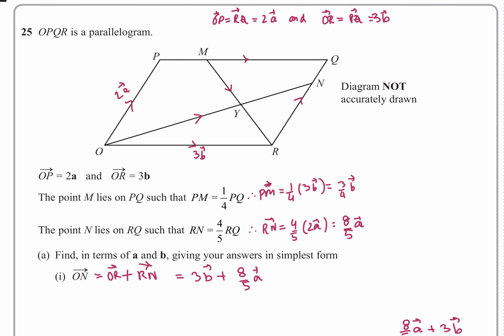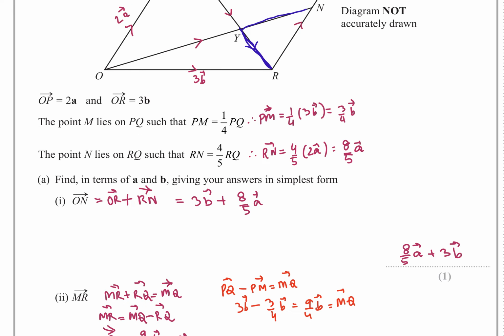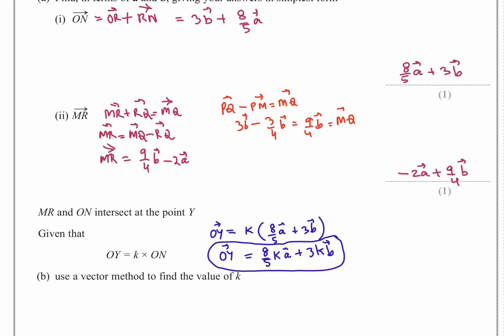If we need to bring in YR, we can say that YR plus RN is ON is YN. That would help us.